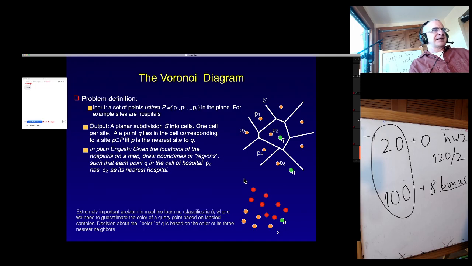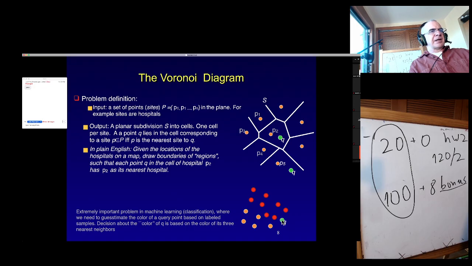Say the x-axis is the weight of the animal, the y-axis is the height of the animal, and every red point is a dog, every orange point is a cat, and again, the x and y coordinates are just the weight and the height.